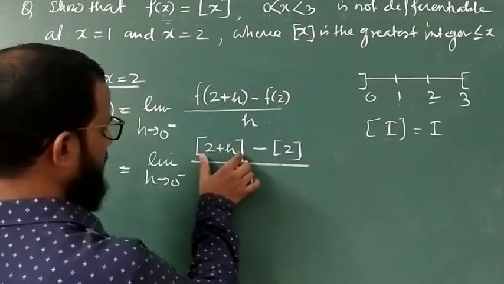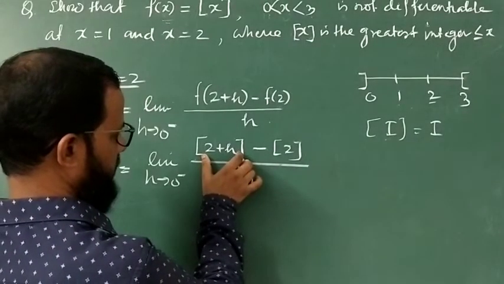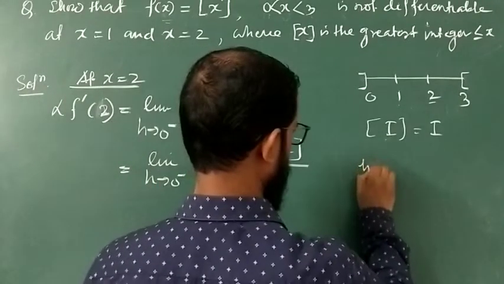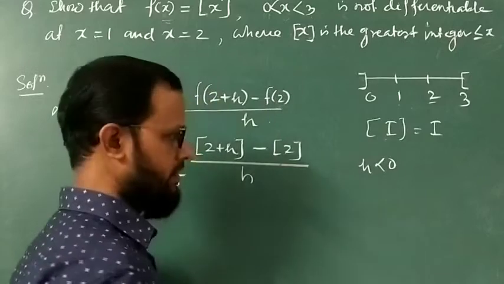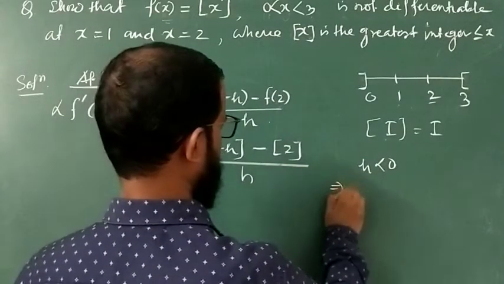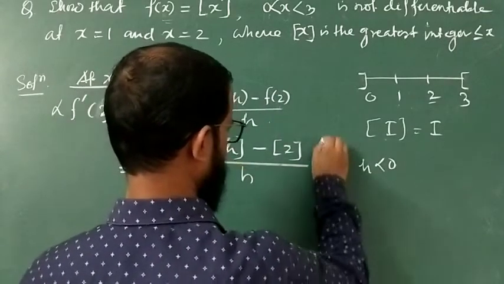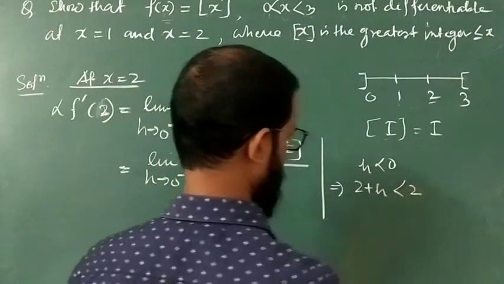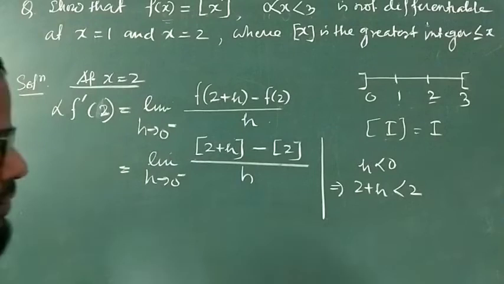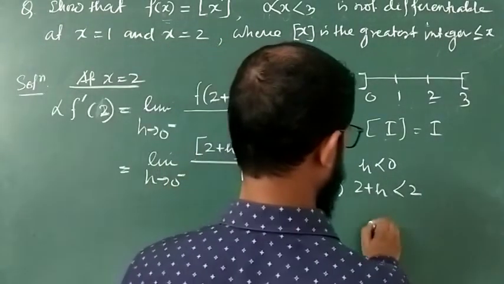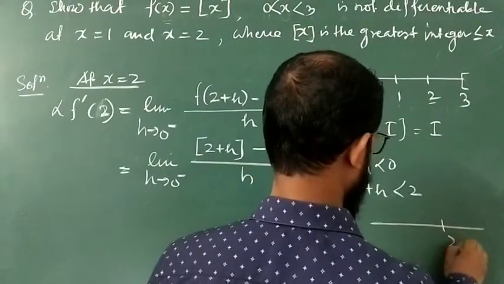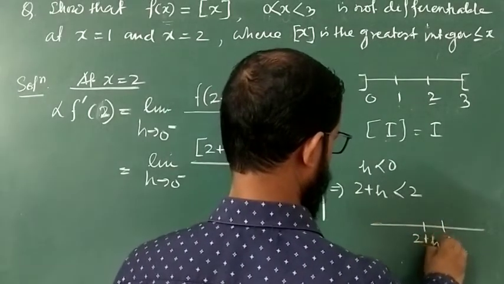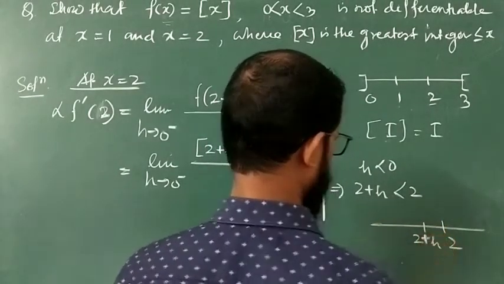Now we are going to find the box of 2 plus h. Very interesting. What is this here? In your condition, h is less than 0. h is what? Less than 0. Adding 2 on both sides, 2 plus h less than what? 2. Now if you draw the number line, this is your 2 and 2 plus h is less than 2, this means 2 plus h is somewhere else in this particular place.